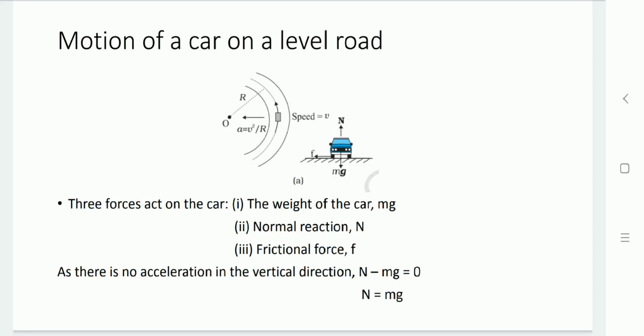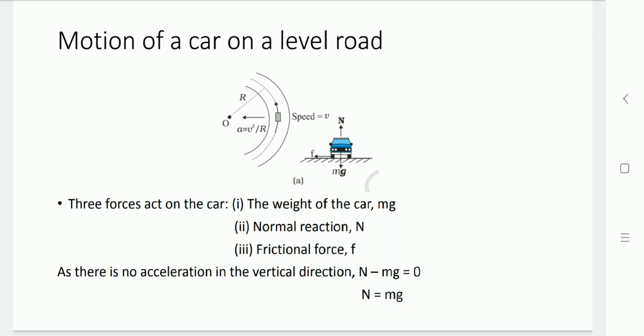Second, the normal force from the surface of the object, in the normal direction, N. And third, the frictional force, which is the parallel force between the surface and the object. From the diagram, we can say that the normal force and mg force are in opposite directions.